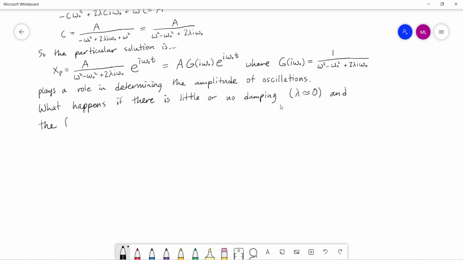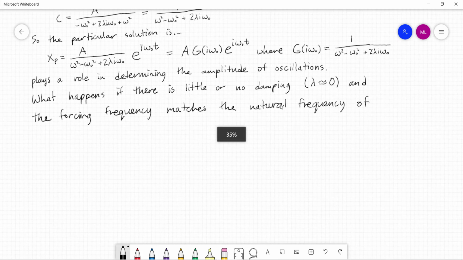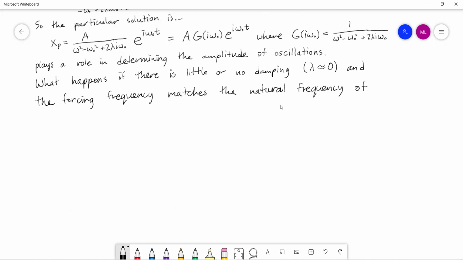The forcing frequency matches the natural frequency of the mass spring system.